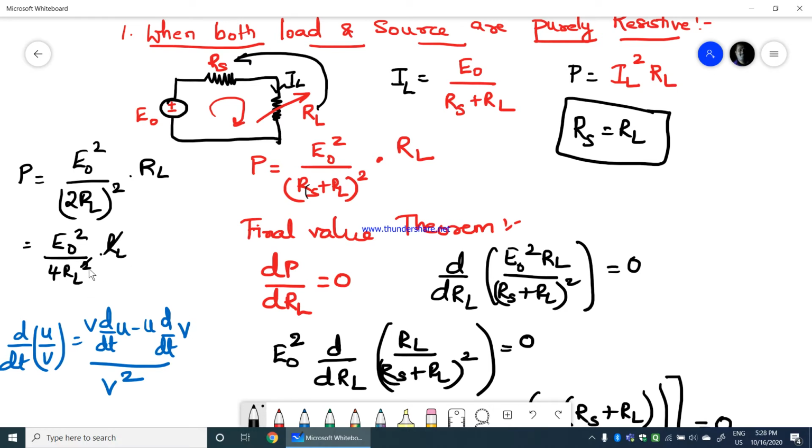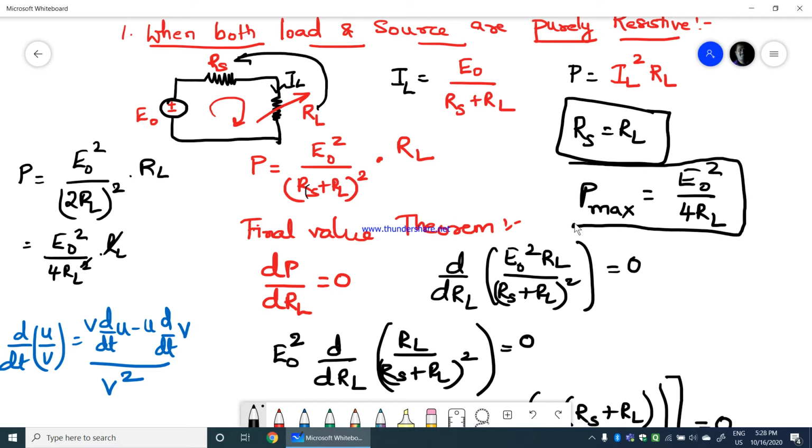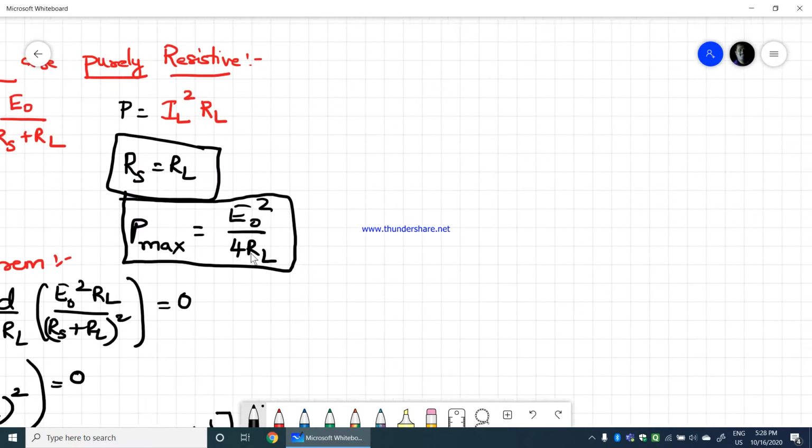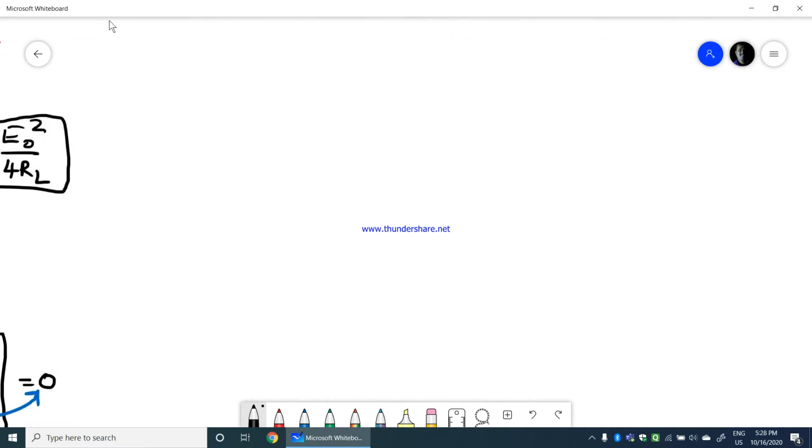So RL gets cancelled, therefore the maximum power P max would be equal to E naught square divided by 4 times RL. So this is the equation for the maximum power which is getting transferred. This is the first case in the maximum power transfer theorem. Fine. Now we'll go to the second case.